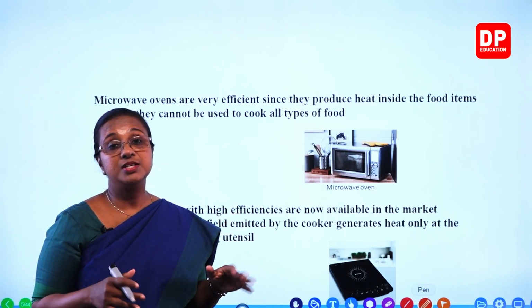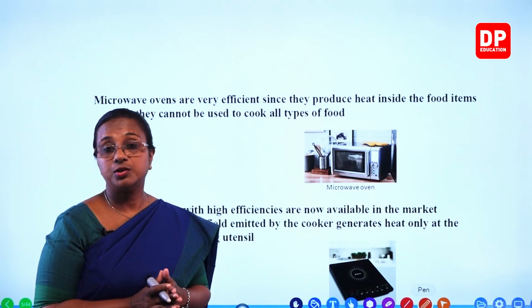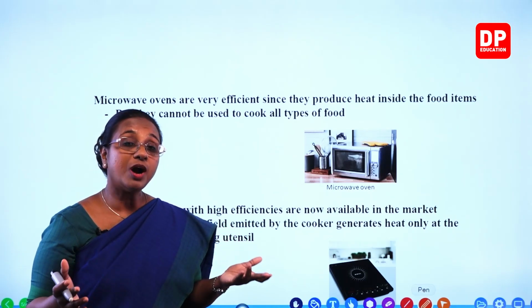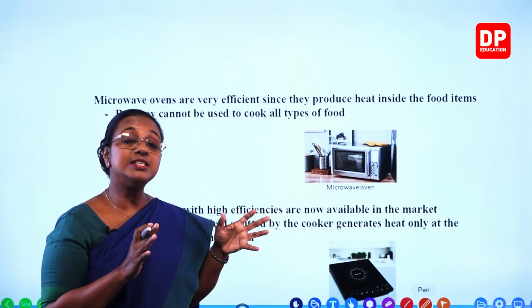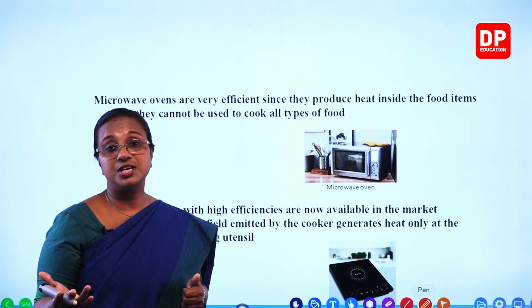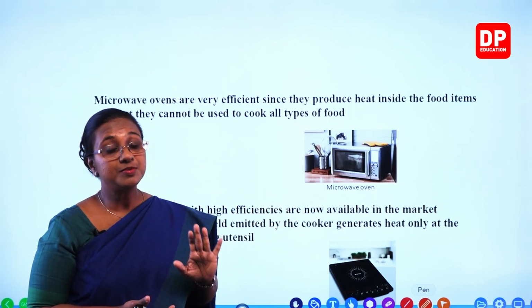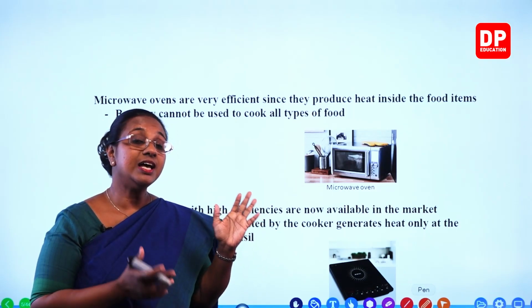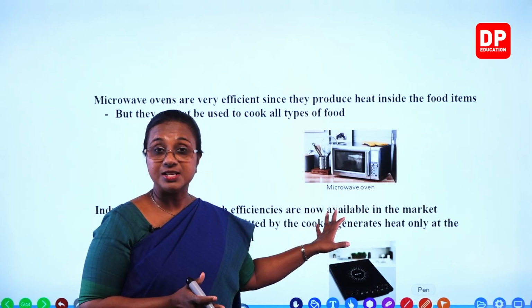But the problem is you can't cook all types of food in a microwave oven, and also you can't use all types of vessels. So the usage is limited. But when it comes to electricity efficiency, that is more efficient. At the same time, you need to consider the harmful factors related to microwaves as well.